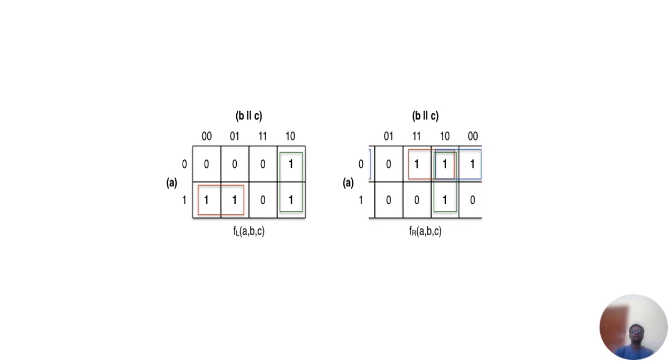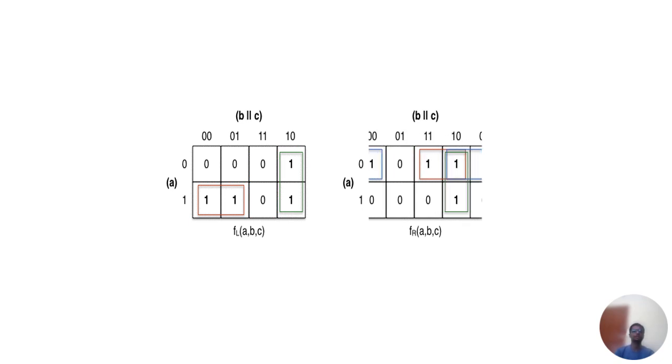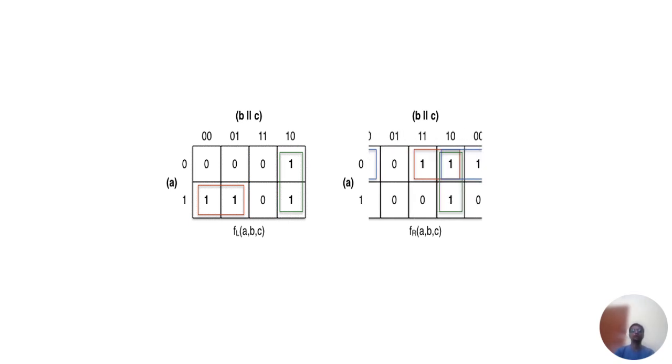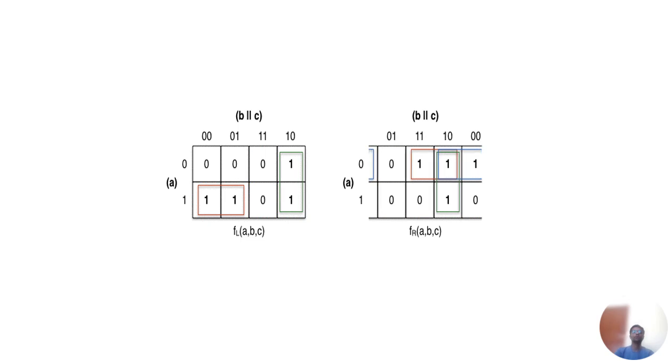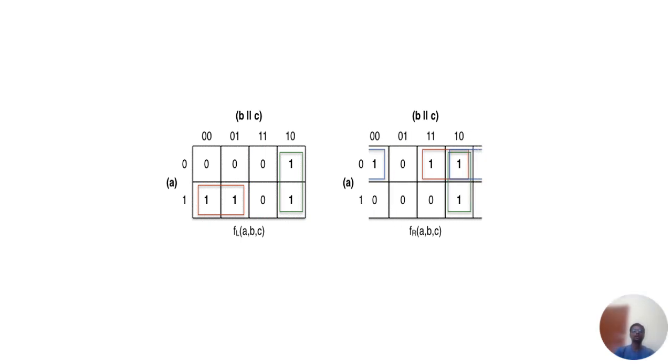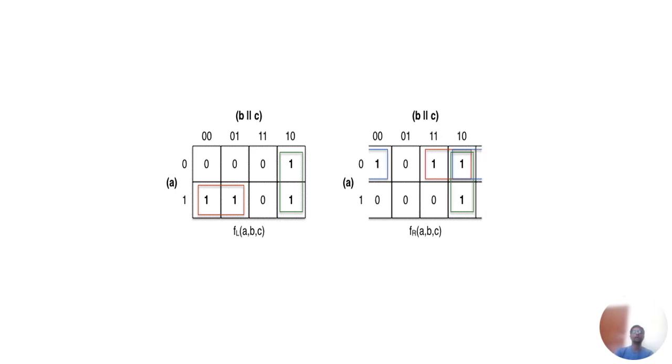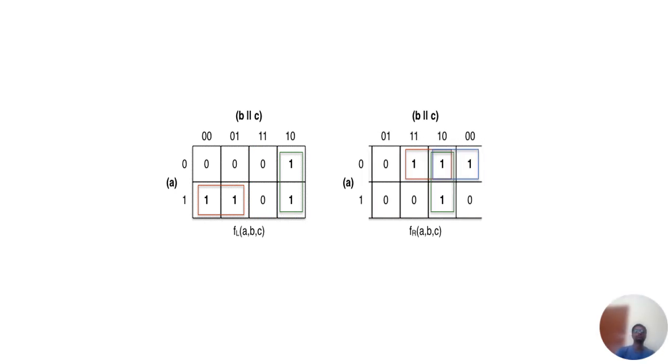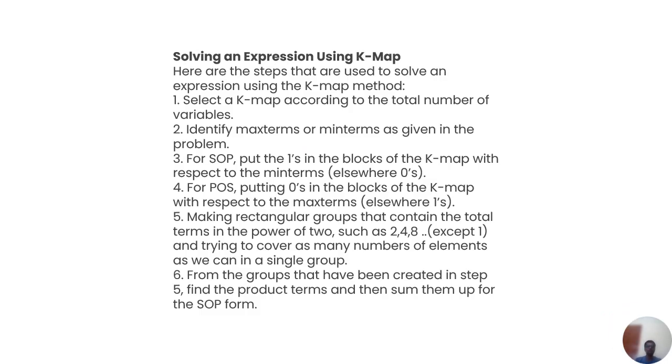The K-map can take two forms, namely sum of products, or SOP, and product of sums, that is POS, according to what we need in the problem. A K-map is a table-like representation, but it gives more data than the truth table. Fill the grid of a K-map with 1s and 0s, then solve it by creating various groups.